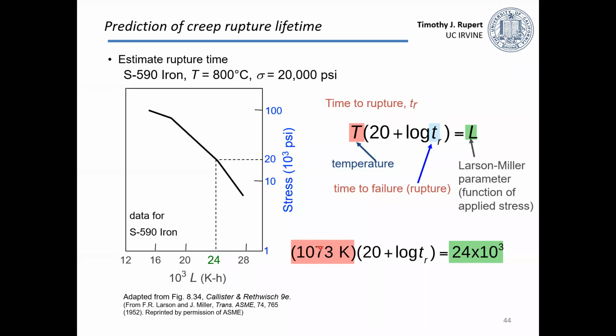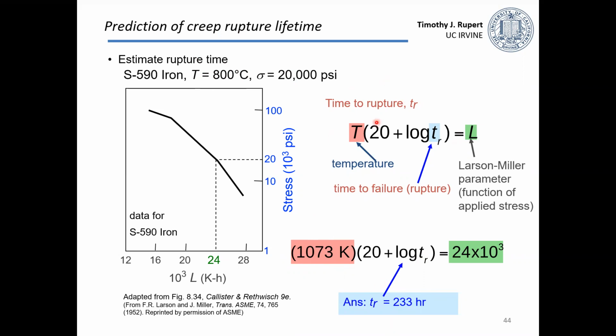We know what temperature we have. An important thing is that whenever we're talking about temperature, we often want to go to absolute units. So instead of 800 degrees C, we're going to put this in terms of Kelvin. So it's going to be 1073 Kelvin. And we can go and solve for what the rupture time would be. In this case, it's 233 hours. So this is the type of prediction people might need.